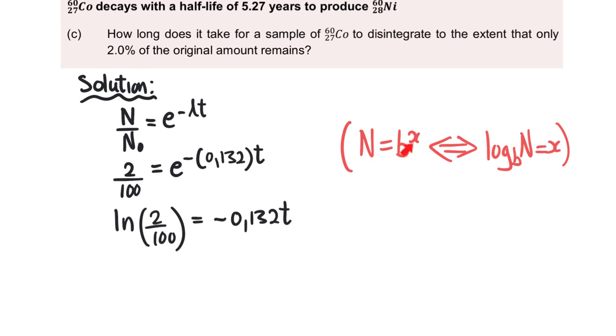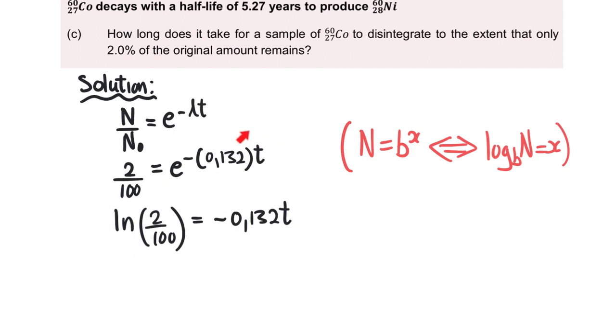So if n equals b to the x, then the logarithm of n to the base b equals x. So we've got ln, which is the logarithm to the base e. So the logarithm to the base e of the original number, so we're trying to describe this number as a power with a base e.